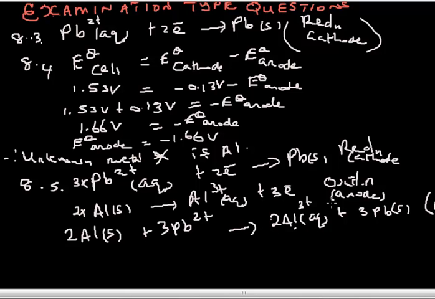So therefore we have a decrease in the voltmeter reading which we are going to get, right? Why? Because the electrode potential of our cell is equal to the electrode potential of our cathode minus the electrode potential of our anode. So if we have an increase in our anodic reaction in our aluminium 3+, which is being formed, consequently we have a decrease in our initial voltmeter reading.